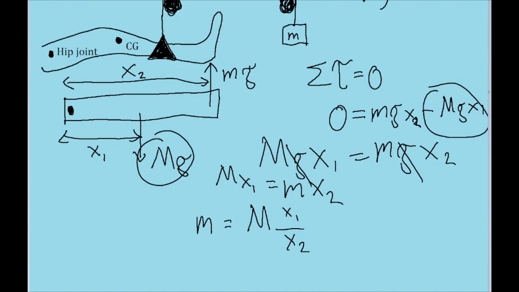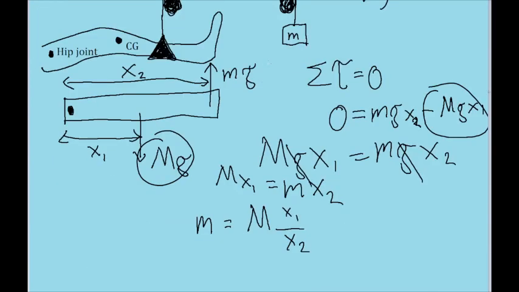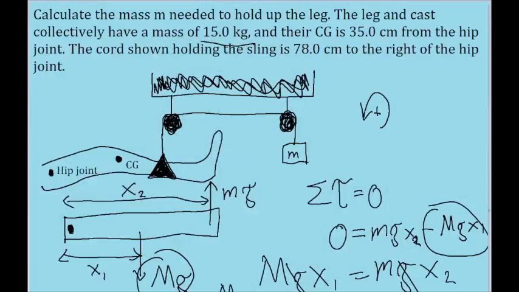So all we got to do is plug in the values we were given by the problem. Big M, the mass of the leg, is equal to 15 kilograms. And then for x1 we plug in the distance to the center of gravity, and for x2, we plug in the distance to the sling, which is 78 centimeters.